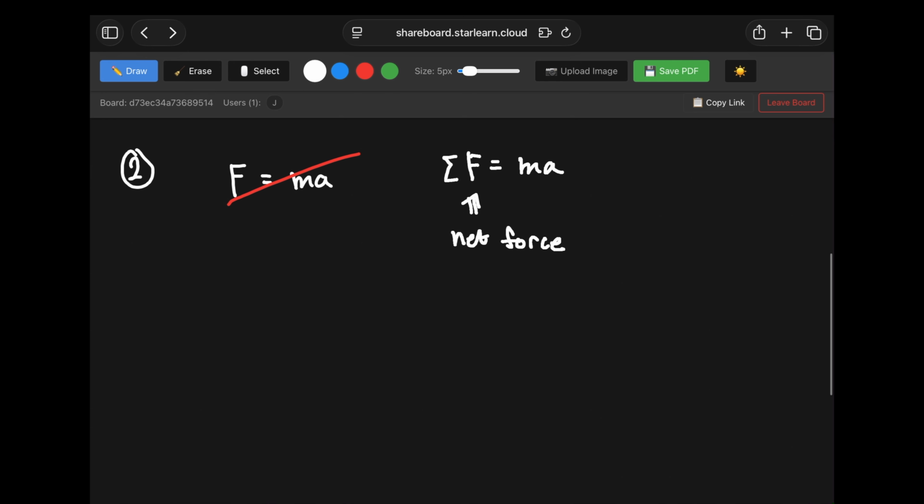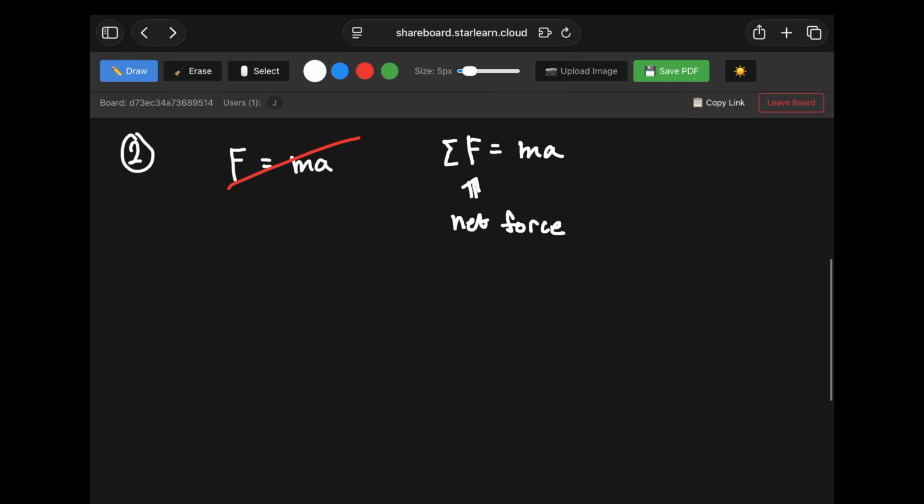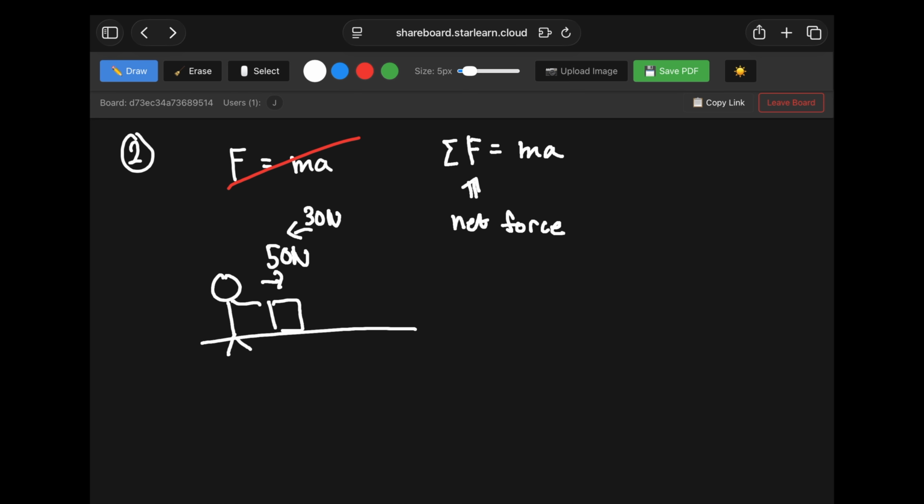So let's talk about some real life examples. Let's say you push a heavy box across the floor. Let's say you're applying a force of 50 newtons and friction pushes you 30 newtons backwards. So that means you have to think about all the forces acting on it.